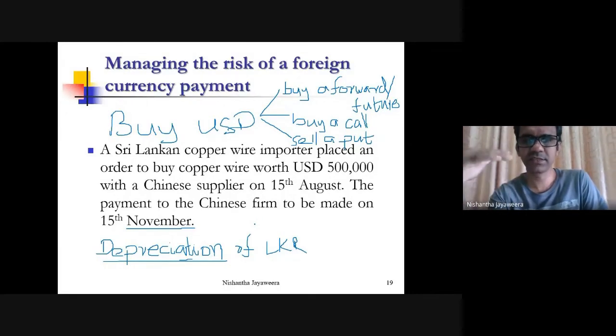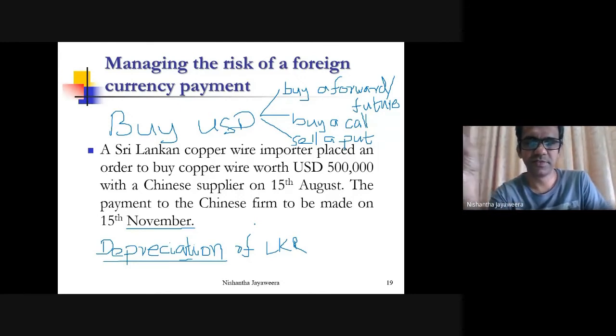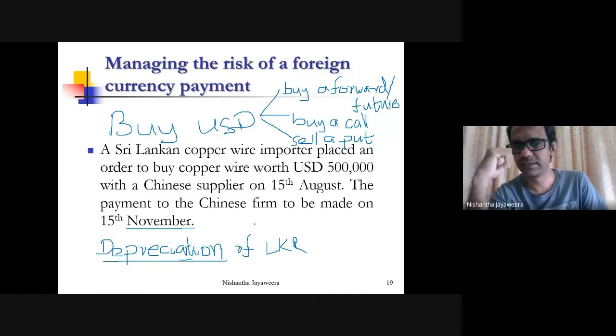However, the risk is foreign currency rate or exchange rate fluctuation. Through these products, we can eliminate that risk. But while we are eliminating that foreign exchange risk, we took another risk. What is it?